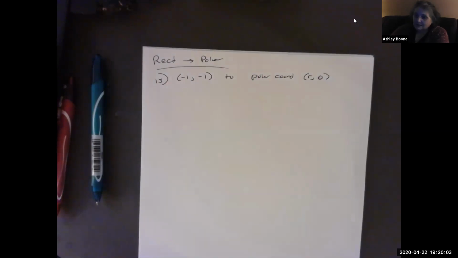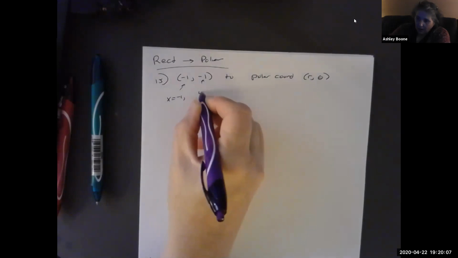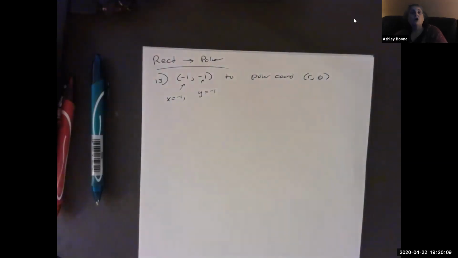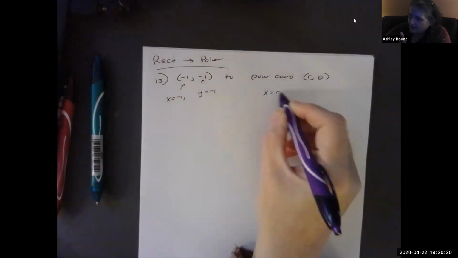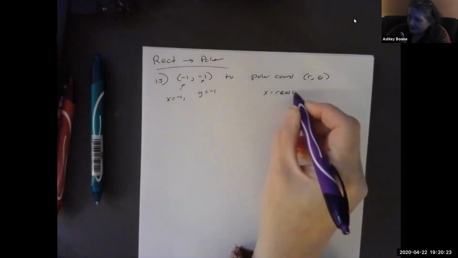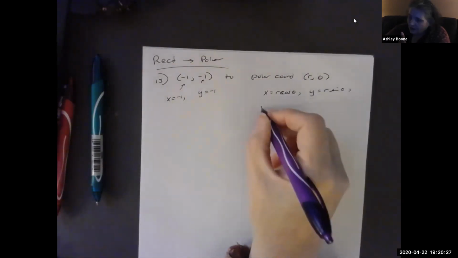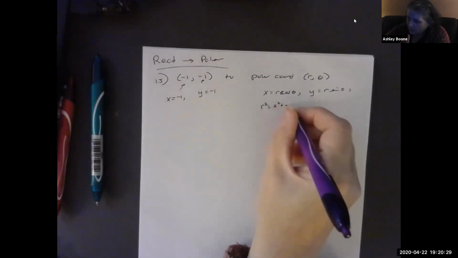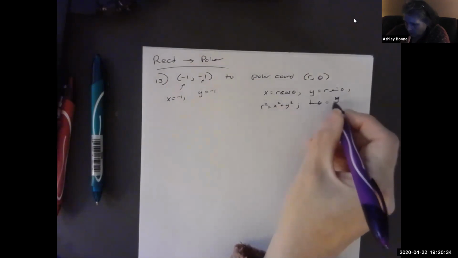So if we look at this, what do we know? We know that x is -1, and we know that y is -1. We know x and y. We don't know r, we don't know theta. So if we think about all of the things I asked you to know, we knew x was equal to r cosine theta, y was equal to r sine theta, r squared was equal to x squared plus y squared, and tangent of theta was y over x.